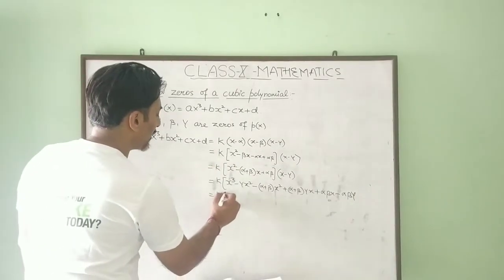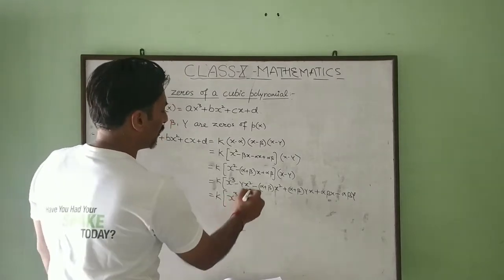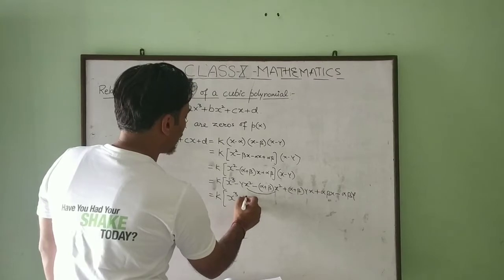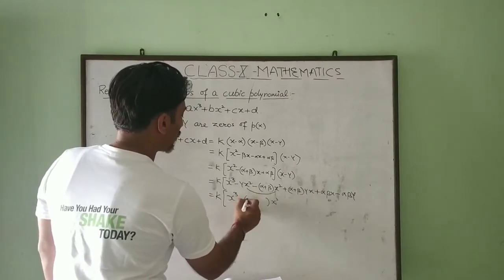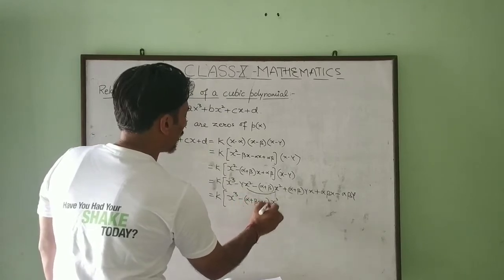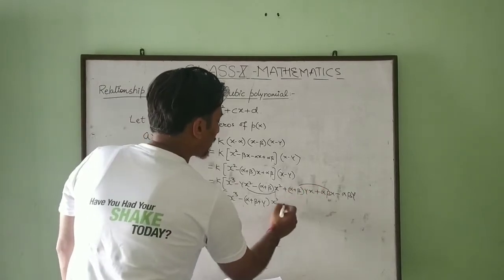So now arranging the terms, I will get x cube minus, these are the two terms of x square. If I take x square common, I will get minus x square times (alpha plus beta plus gamma). And then these are the two terms of x.